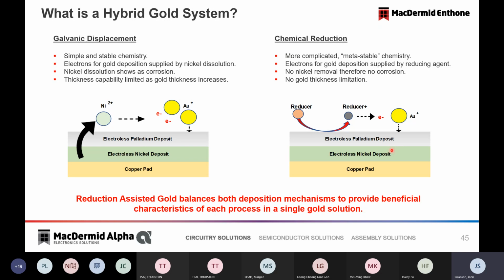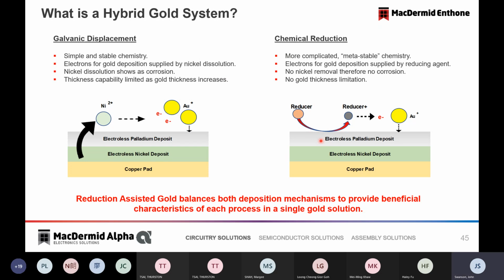And what is that? It's a system that combines a couple traits. It combines galvanic displacement or immersion and electroless properties or chemical reduction. Chemical reduction is another phrase for electroless plating, and galvanic displacement, another phrase for immersion. So the point of a hybrid system is a system that has characteristics, we should say, of both of these in a single chemistry.